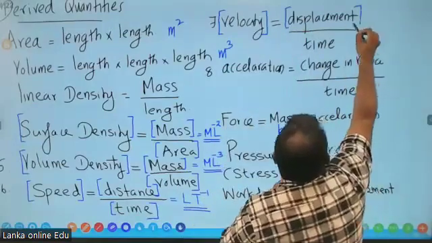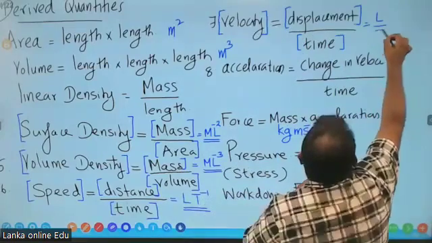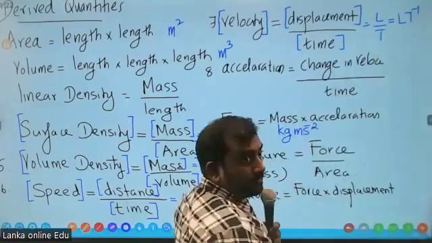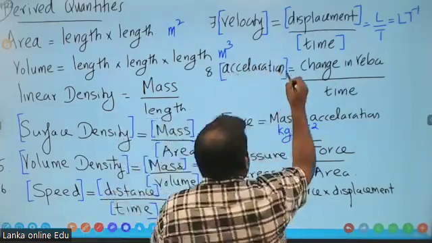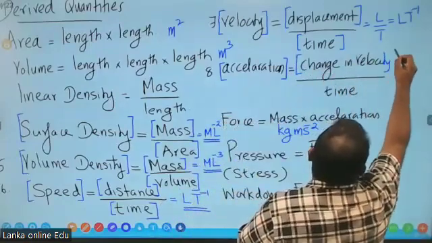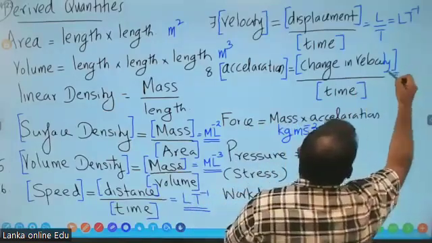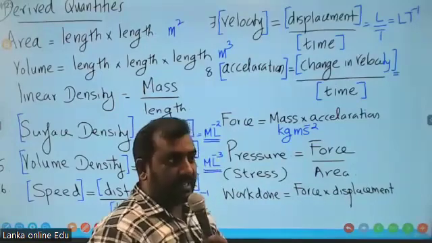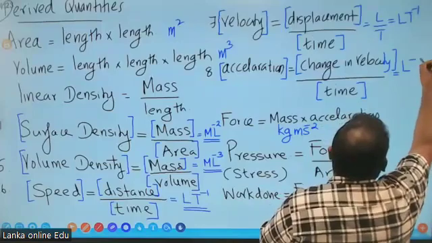Displacement divided by time. Displacement is L, time is T, LT minus 1. Acceleration. Change in velocity over time. Change in velocity is also velocity, LT minus 1. Divide by time, this will give you LT minus 2.